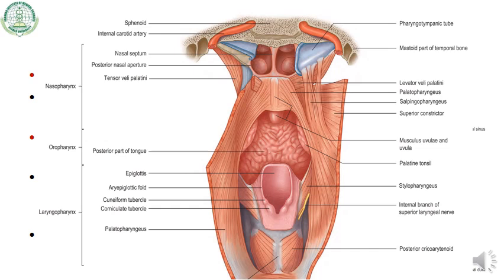So in this diagram you can see the pharyngotympanic tube, in which you can make out this is the widest part of the tube, and as you go from the medial to the lateral portion, the diameter goes on decreasing and it looks like a trumpet. This is the narrowest portion, which is called the isthmus, and from here the bony portion starts, and you can see this is the carotid canal.